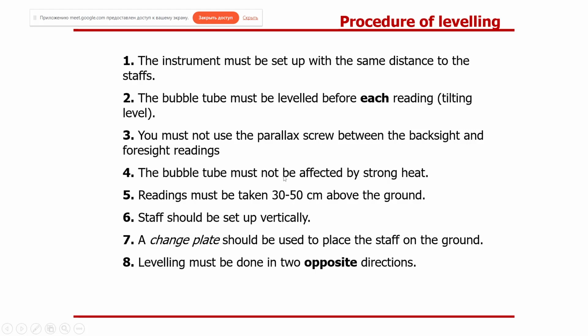The bubble tube must not be affected by strong heat. Well, you probably know that while heating, every material becomes bigger. The temperature changes the size, so the heat affects the size of hot material.